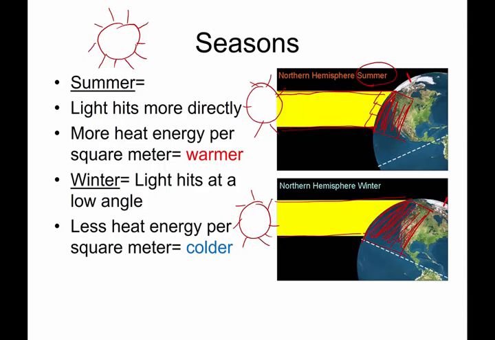What that means is there is going to be less sunlight and heat per square foot of Earth or per square meter of Earth. And if there's less heat over a bigger area, that means we're just plain going to be colder. And in the summer, there's going to be more heat per square foot or square meter, and that means we are going to be hotter.